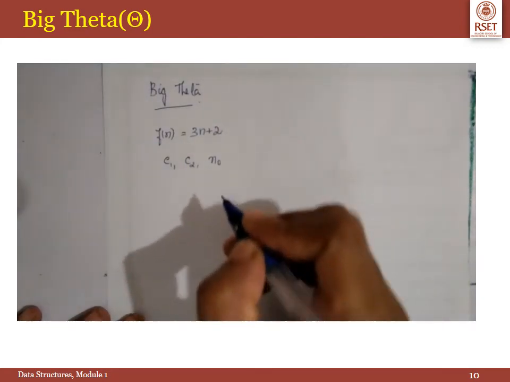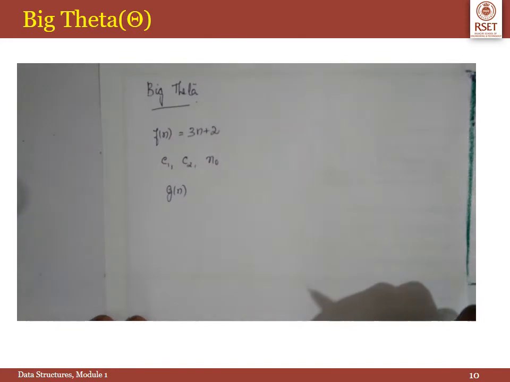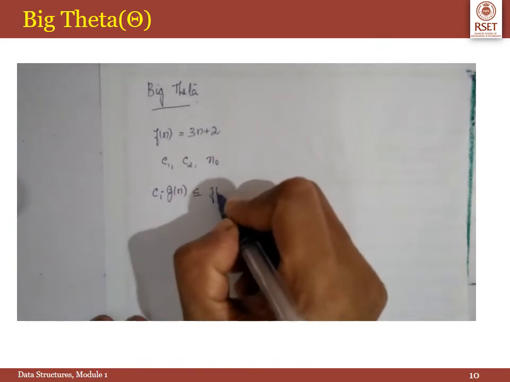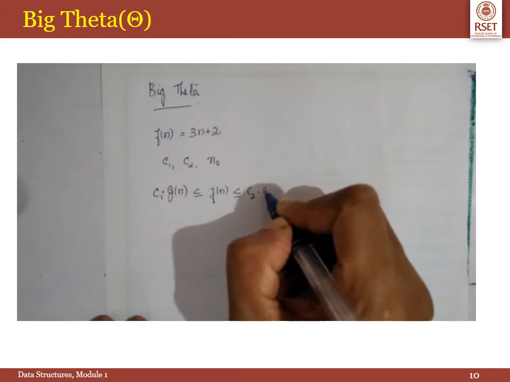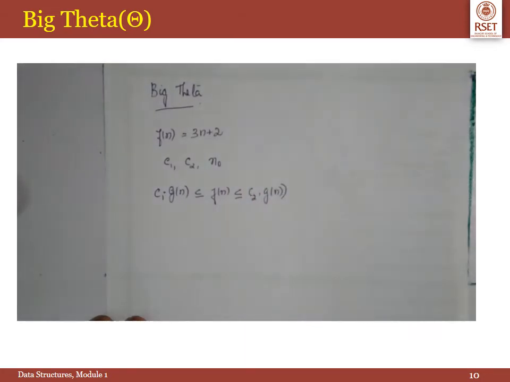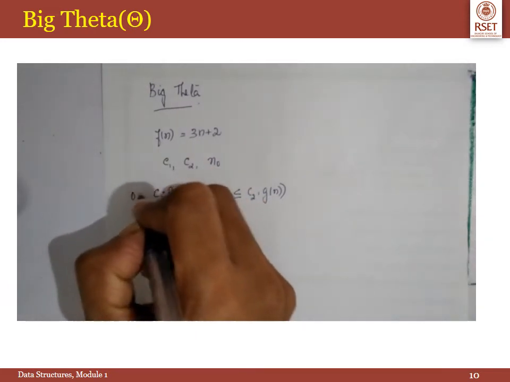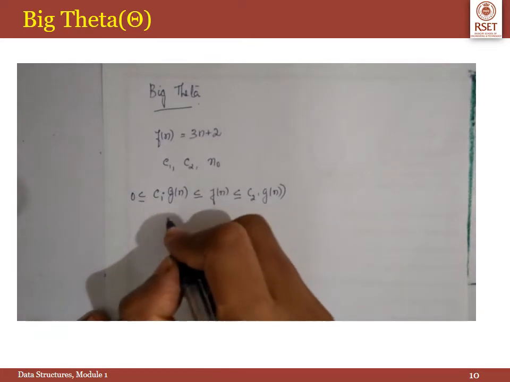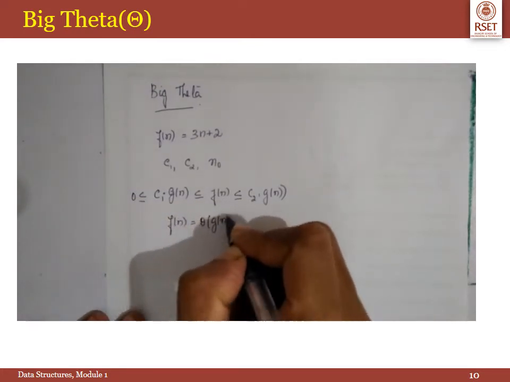Now your aim is to find a function g(n) such that c1 times g(n) is less than or equal to your function f(n), and c2 times g(n) is greater than your function f(n). Then of course it is a positive function, so 0 is less than or equal to that. Then I can write f of n as theta of g of n.